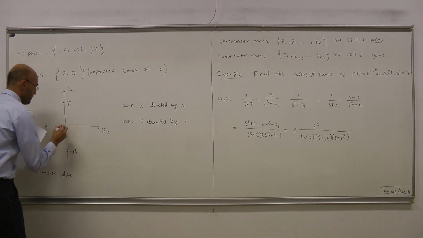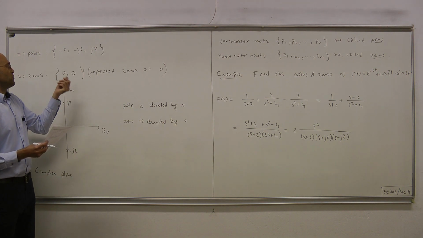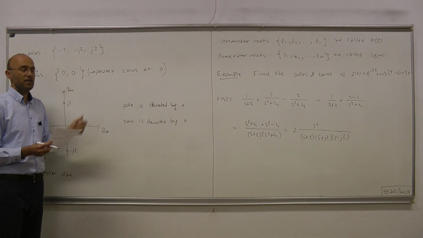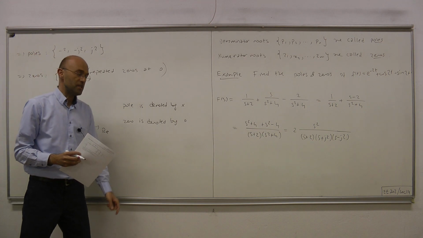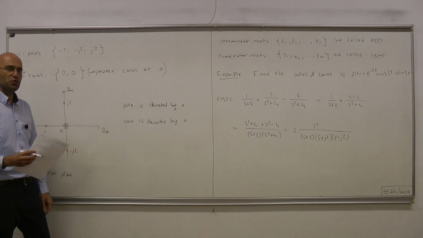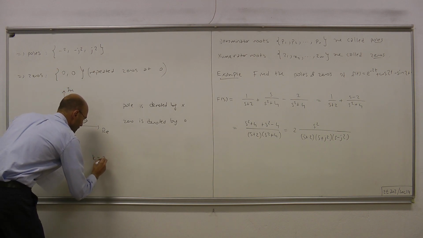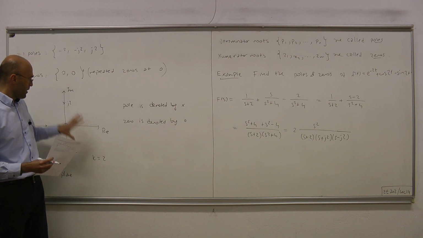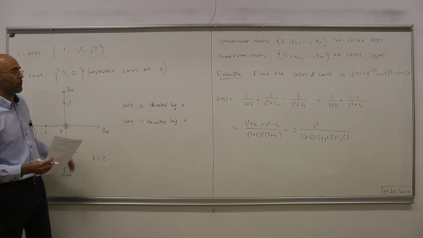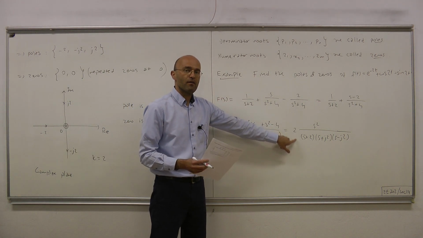So when you have a zero that's repeated, what you do is you draw concentric circles to indicate that you have two zeros at the origin. And somewhere on the picture we have to indicate the scale factor, and now this picture contains all the information that's contained by this F of s.